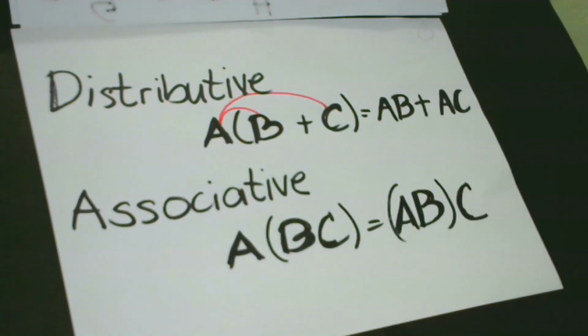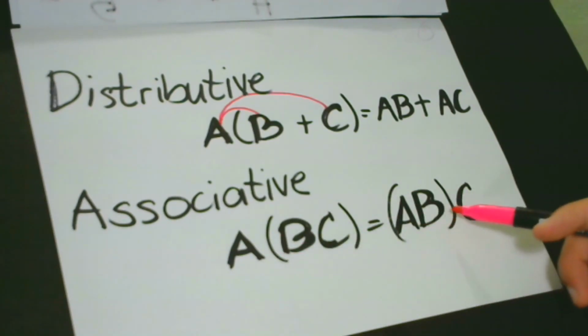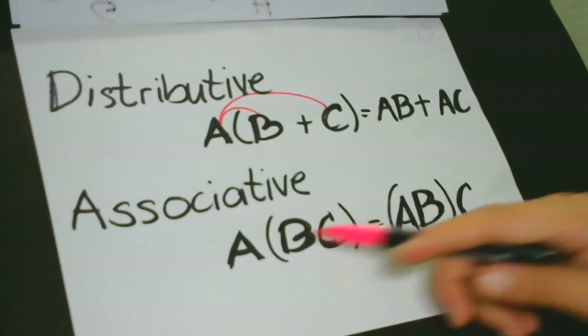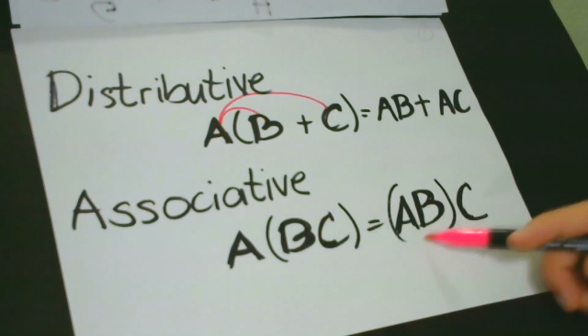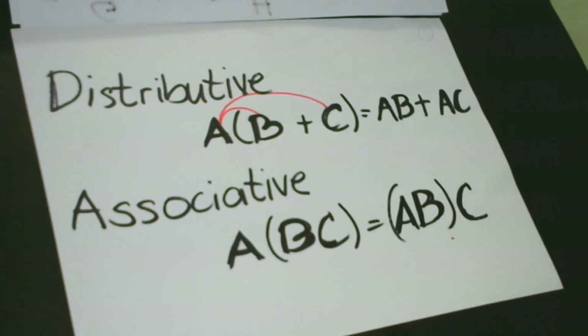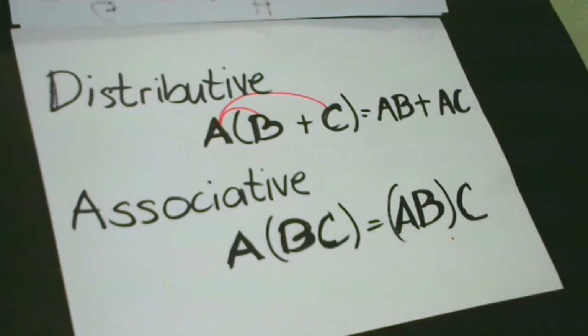Then we have the associative property. Just by the word association, we just associate. It's very simple. First we have A times B and then C, and then we associate A and B first. However, this cannot be commutative.